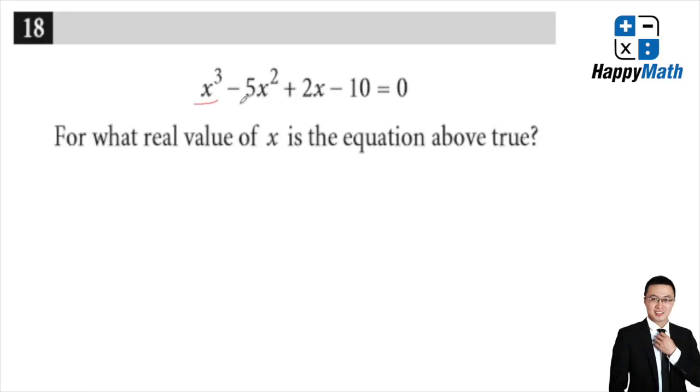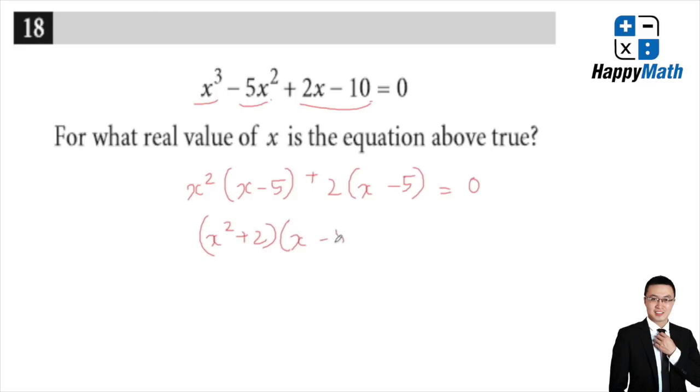With x cubed and 5x squared, I will take the x squared outside. And here you get 2 outside. So x squared plus 2, times x minus 5.